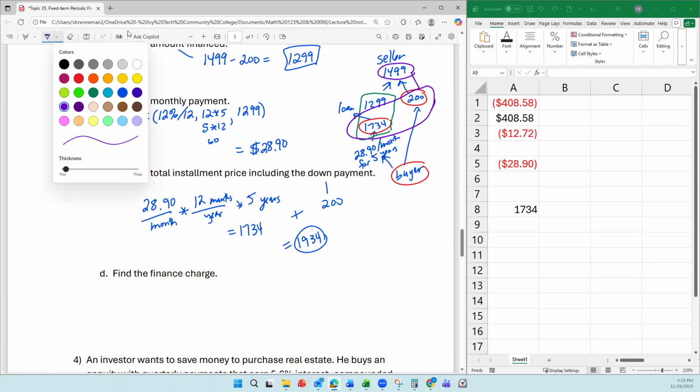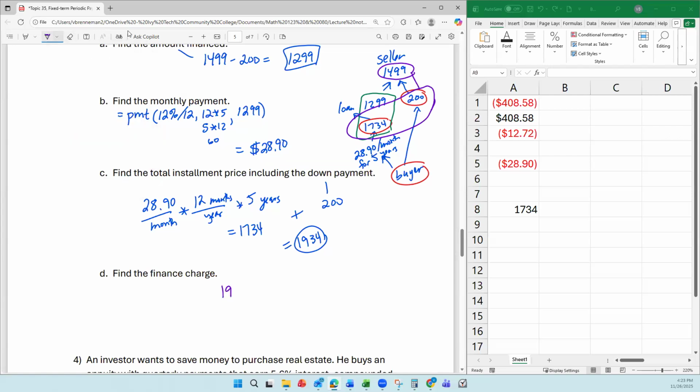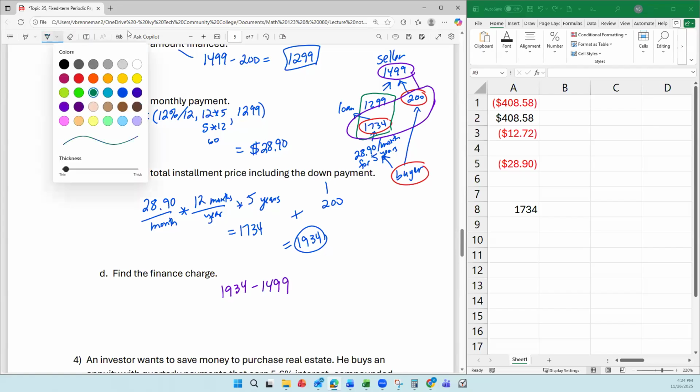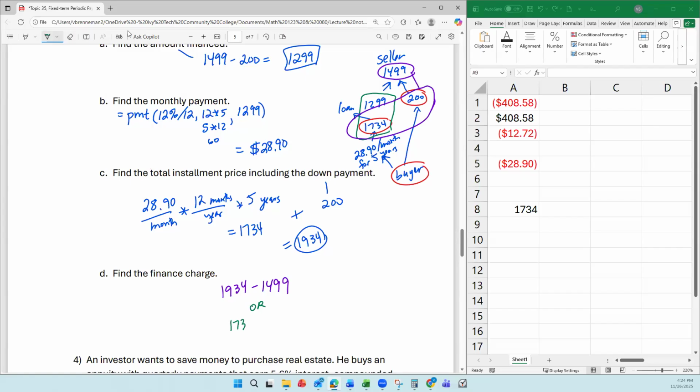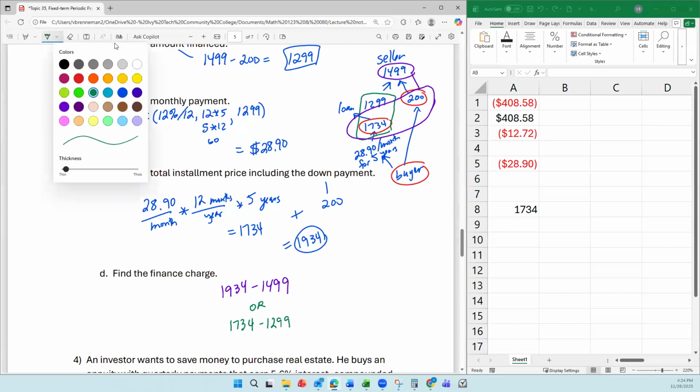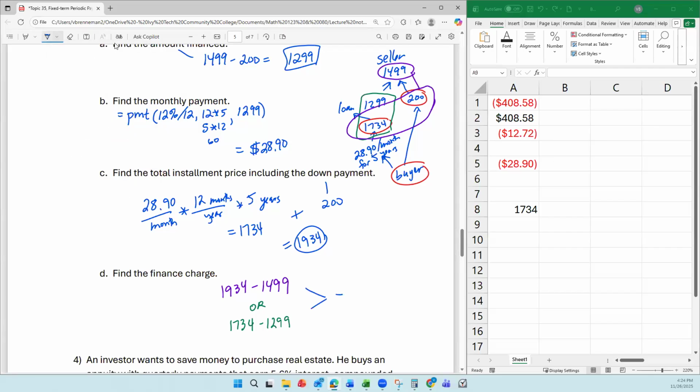So you're either taking 1934 minus 1499 or 1734 minus 1299. Either way, it comes out $435. So that's the total interest.